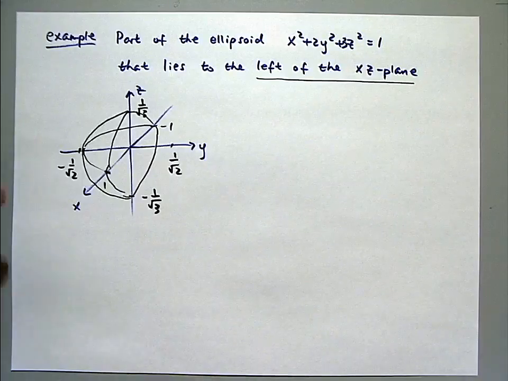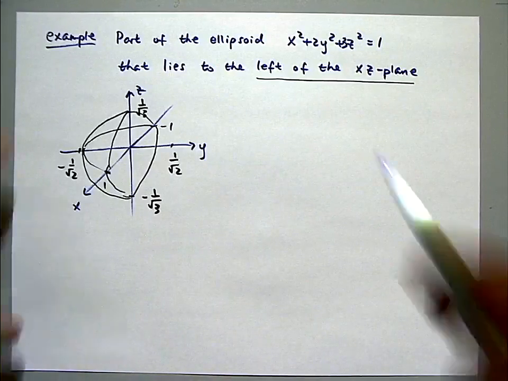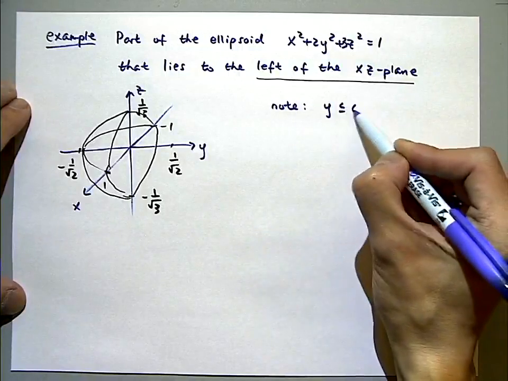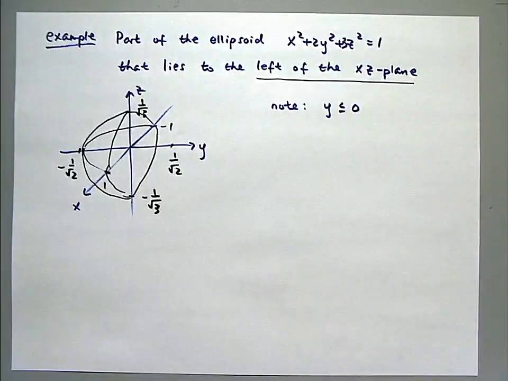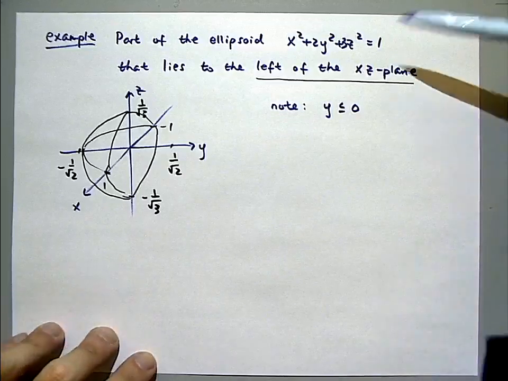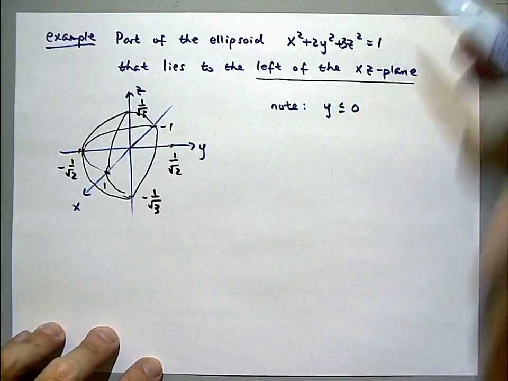Okay, so again, you can parameterize this in just about any way you want. Here, the restriction is we want y to be less than or equal to 0 because we want the left half of that. So why don't we solve for y from this equation?